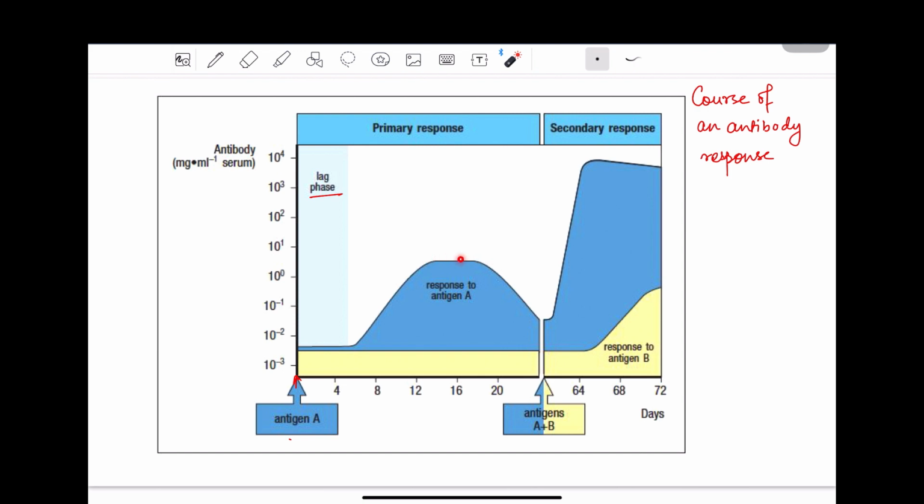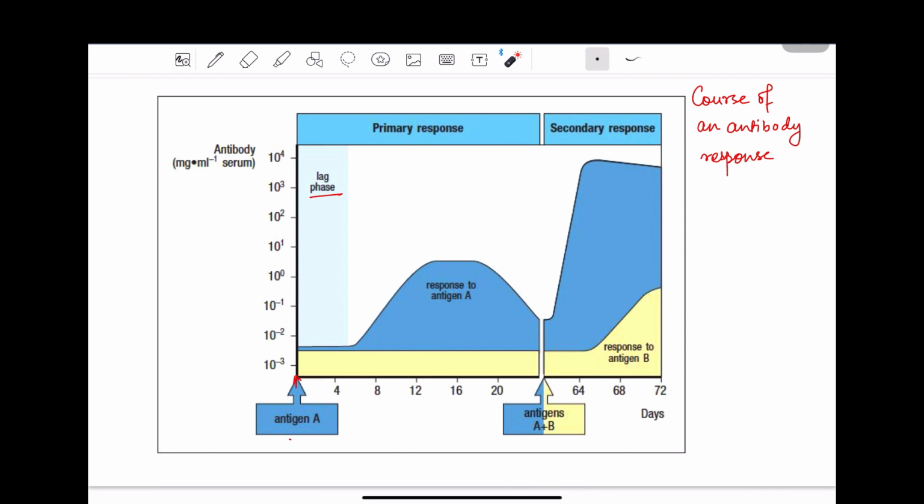So this is when the effector phase is undergoing, and when the adaptive immune response is fully activated, then it starts to clear up the pathogen. So the pathogen level goes down, and also the antibody level.